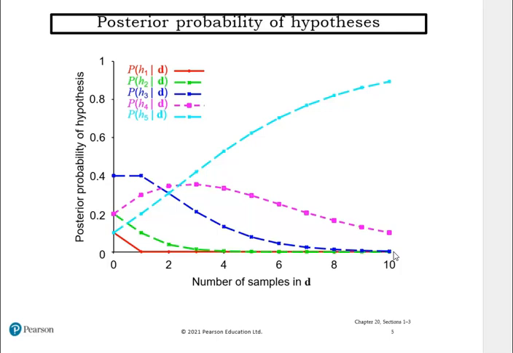So the hypothesis space in reality is usually very large, or most of the time infinite. So we have to somehow use approximate methods then to adapt the Bayesian learning approach to real life situations.